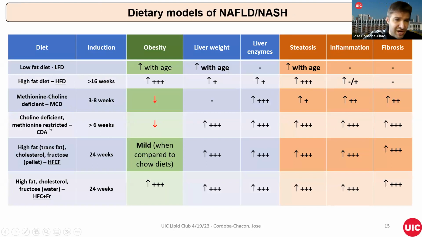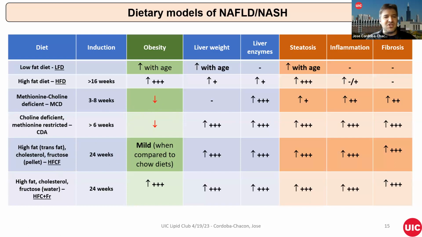Then we have also tried nutrient deficient diets that look really effective in inducing NAFLD, but these diets are so severe and they reduce obesity and even insulin resistance. I mean, those mice have low glucose and low insulin because they are in a very catabolic state, I guess. And the diets that we are using now are more complex.